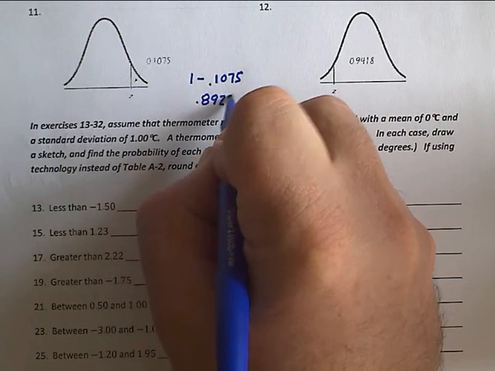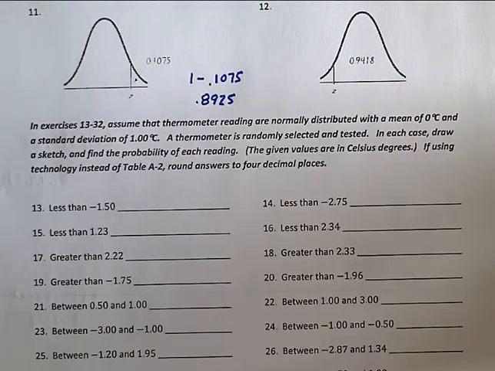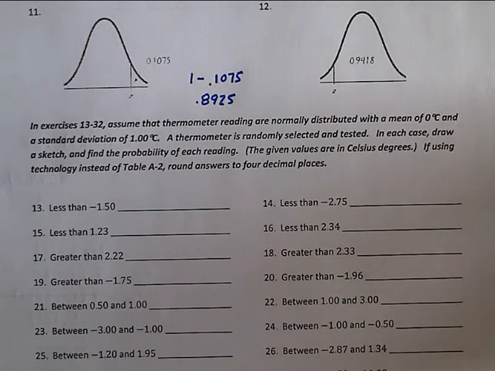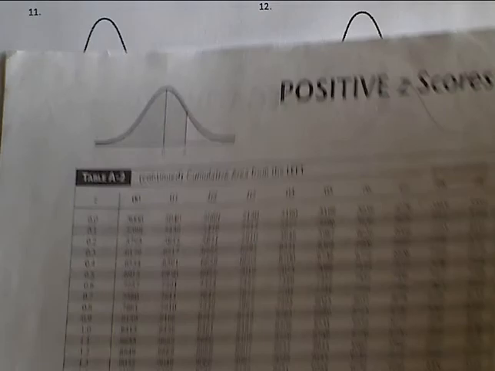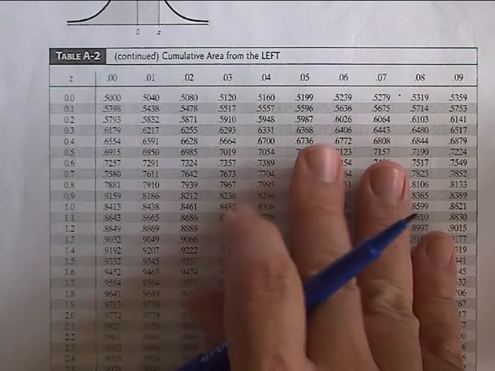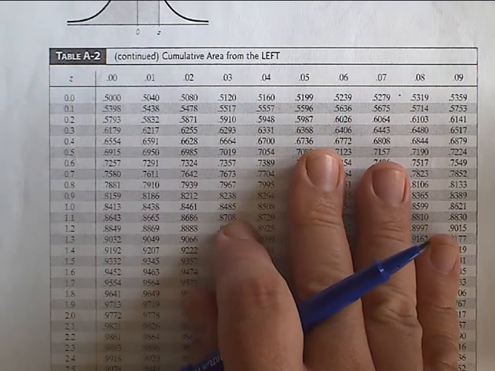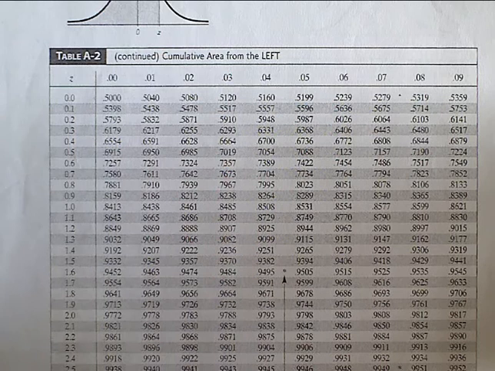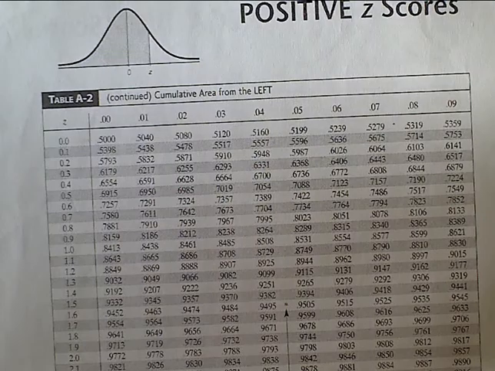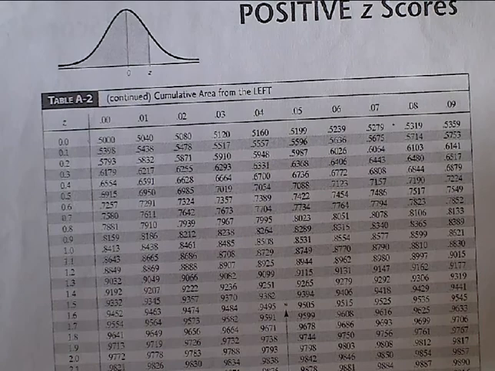Now, since it is greater than 0.5, it has to be on the positive side. So on the positive side of your worksheet, I'm looking in the body of this table, not on the sides, and I'm looking for the number closest to 0.8925. You're probably not going to find it exactly. Oh, on this one we are. So 0.8925 is right there.